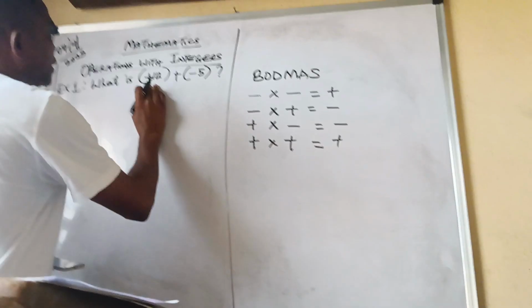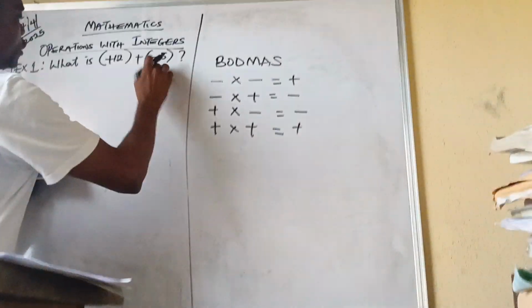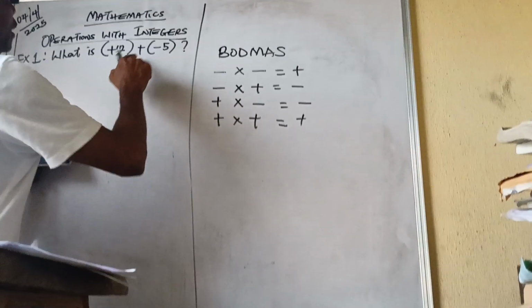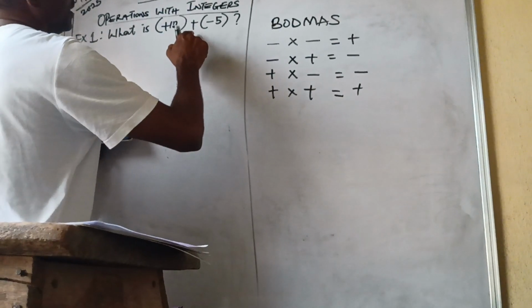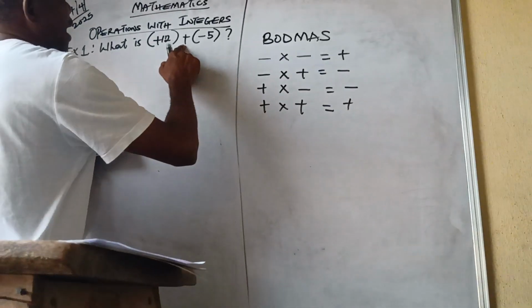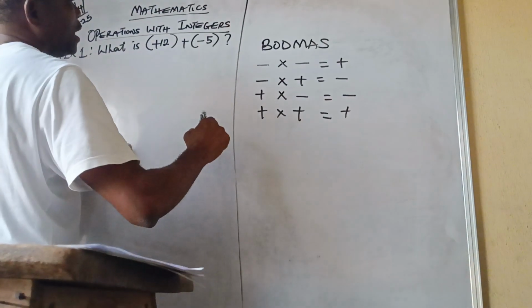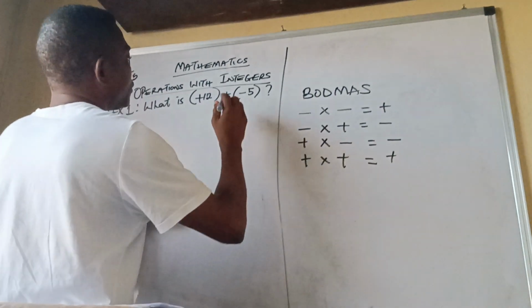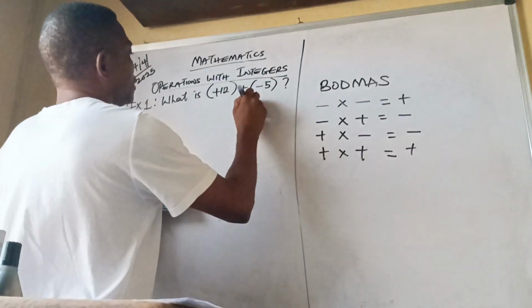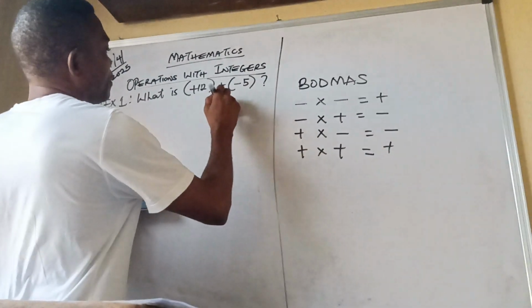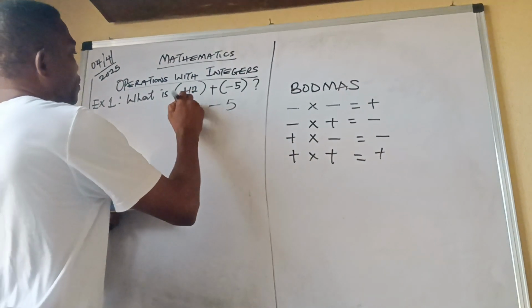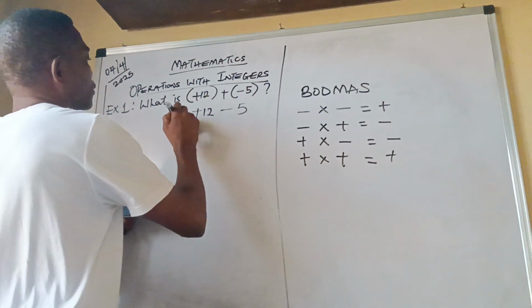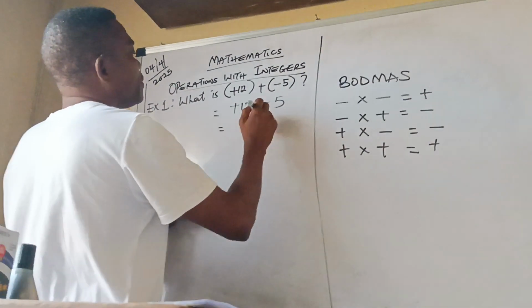Plus 12 is in brackets. Minus 5 is also in brackets. So don't forget, for me to remove the bracket here, I will multiply. Plus times minus, and we said earlier that plus times minus equals minus. So that is going to be minus 5. Then I bring down this plus 12 in bracket, plus 12. So plus 12 minus 5.